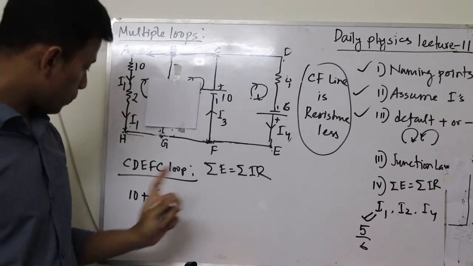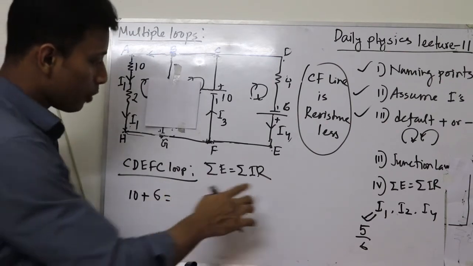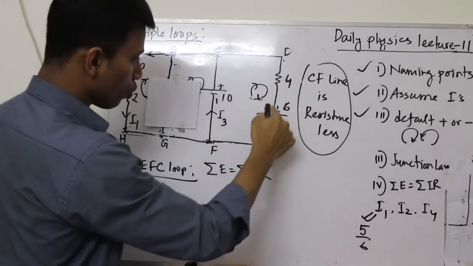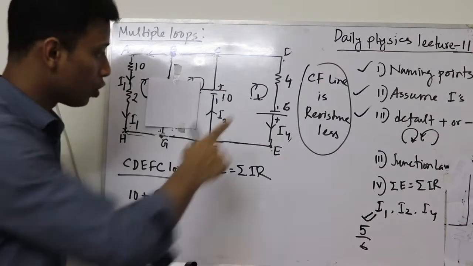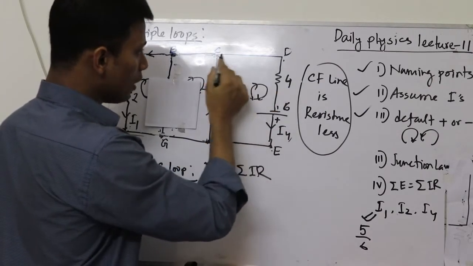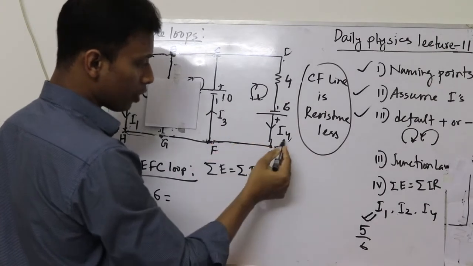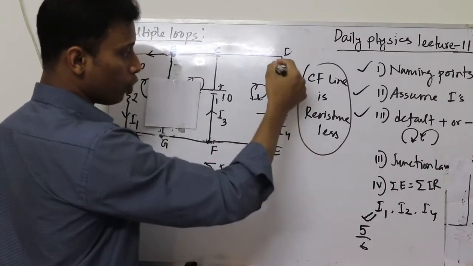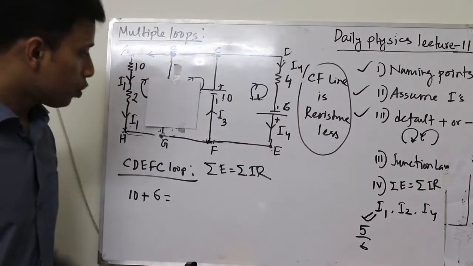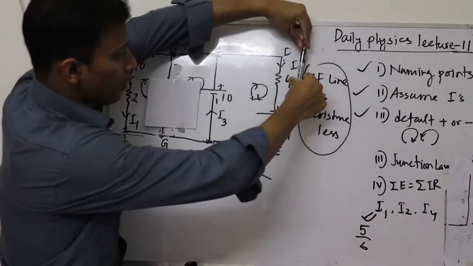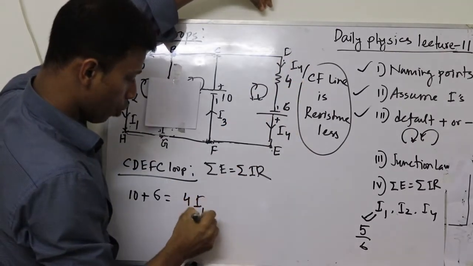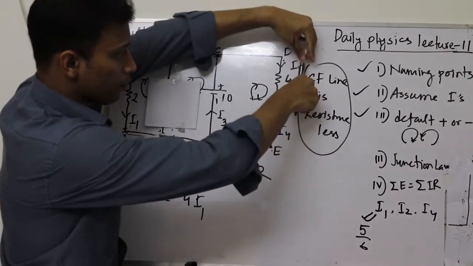Now what about the right side? How many resistances do we have? Go through the loop. We have one resistance, 4 ohm. We don't have any other resistance. So only one, 4. And how much current is flowing through 4? It is the C, D, E, F line, and in this line the current is I4. So I4 is acting through 4, right? That's the direction of I4. So it's 4I4, current into resistance.